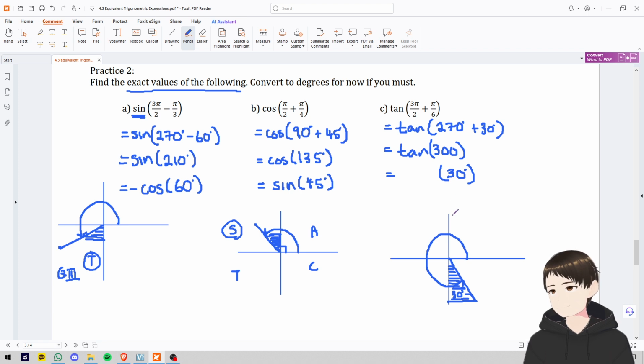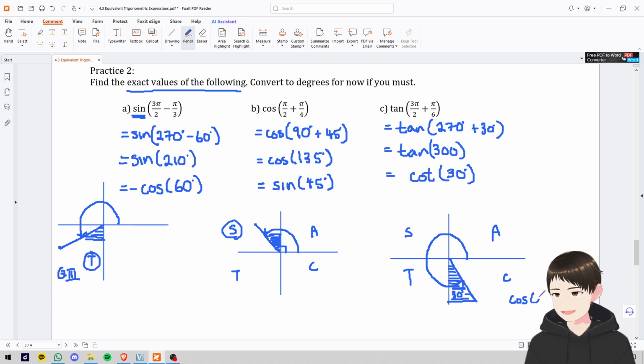All right. Next, what's the correlated ratio of tangent? Tangent, cotangent. No biggie. Now, C, A, S, T. This is the fourth quadrant, which means cosine of some big angle or secant of some big angle will remain as positive.